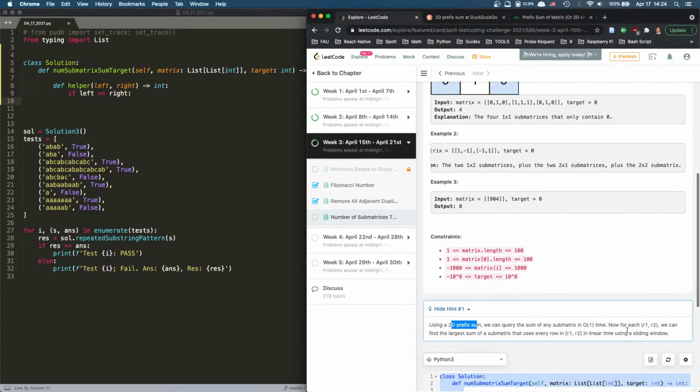I don't understand this one. For each R1, R2, I think it's a row, right? For each row pair, we can find the largest sum of a submatrix that uses every row in R1, R2 in linear time using a sliding window.